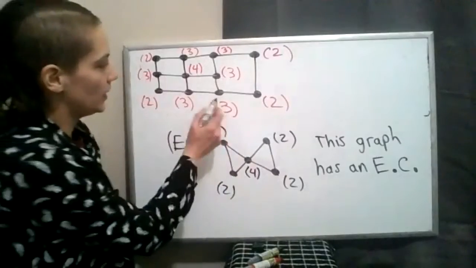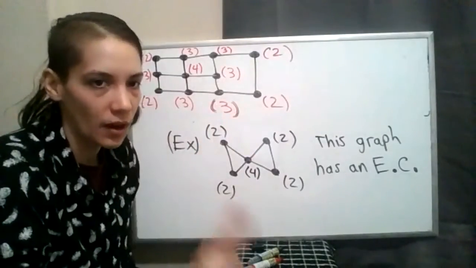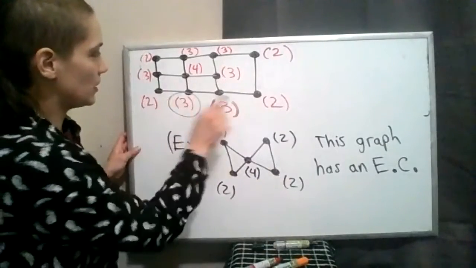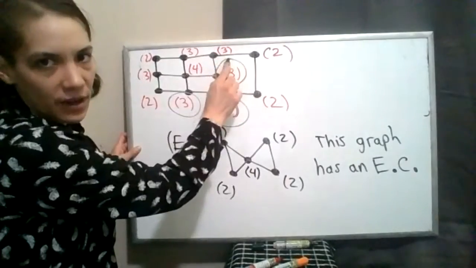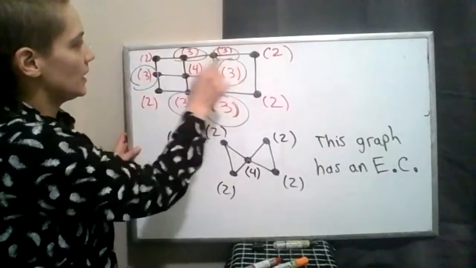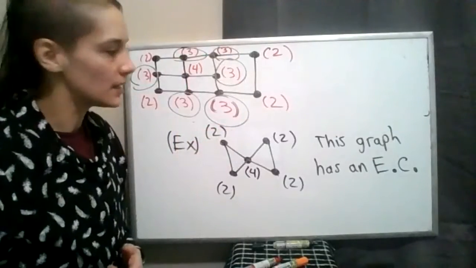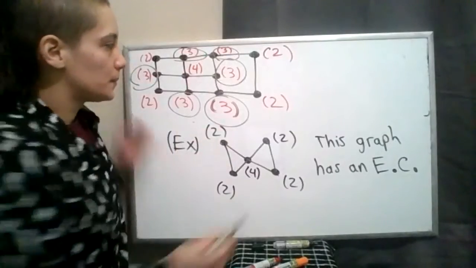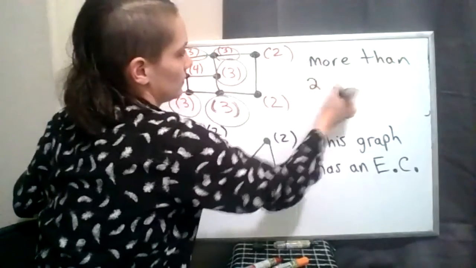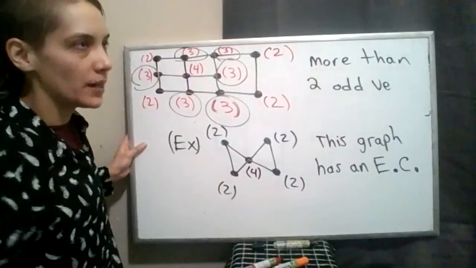There's an odd vertex right here. Or it has exactly 2 odds, but this one's odd, this one's odd, this one's odd. So we already have 3 odds. It's not going to work. There's like 6 odd vertices, which is more than 2 odd vertices. So there's no Euler path or circuit.